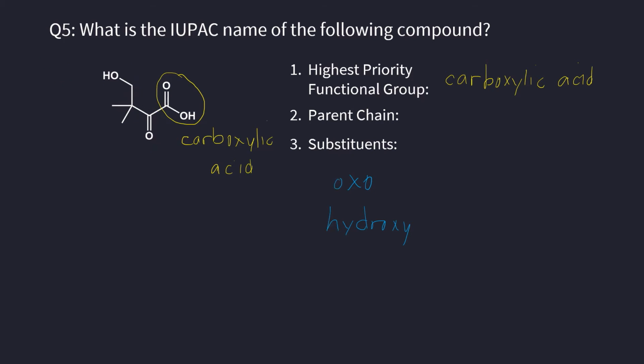Let's not forget the two methyls on the side. The parent chain is the carboxylic acid with a chain of 4 carbons. A 4-carbon carboxylic acid is butanoic acid.